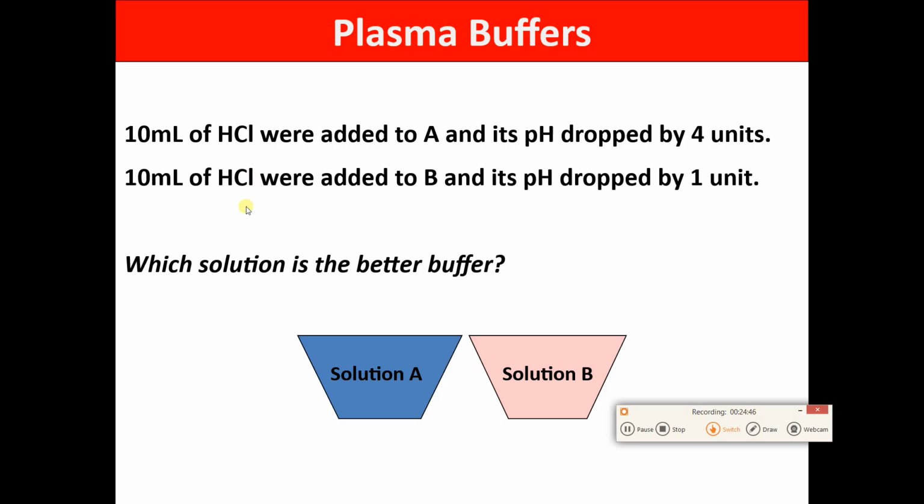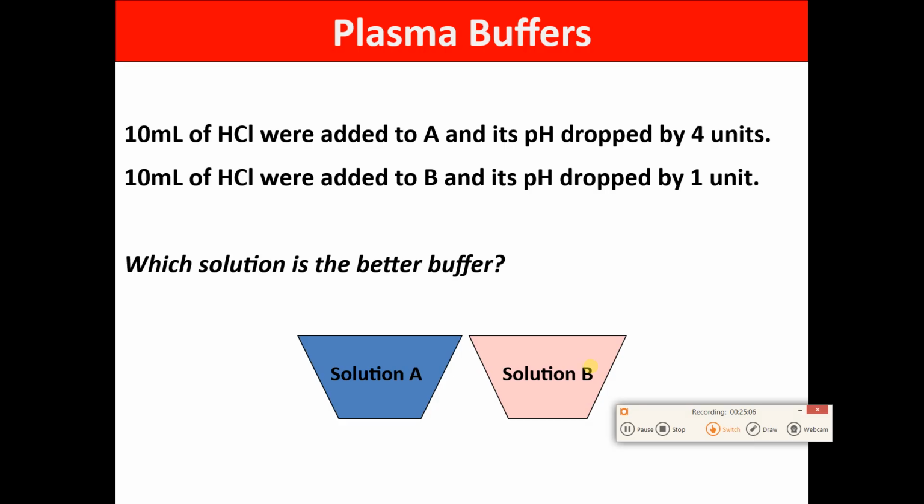I expect it to go down. Solution A's pH dropped by 4 units. Solution B's pH dropped by 1 unit. So which solution was the better buffer? Think about it for a second. Go ahead, pause the video if you want to think about it for a moment.